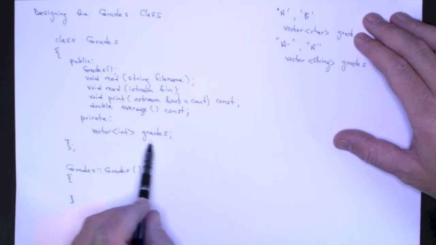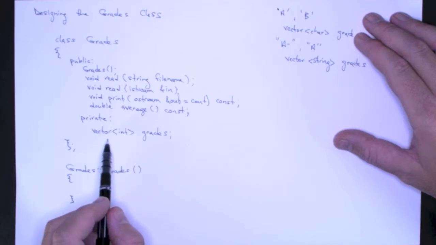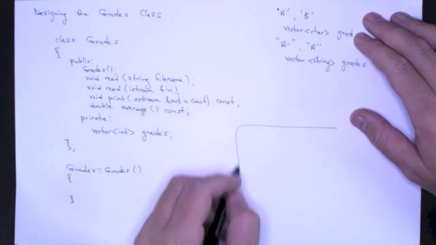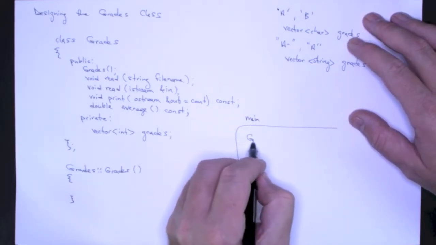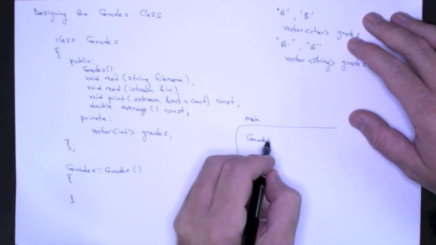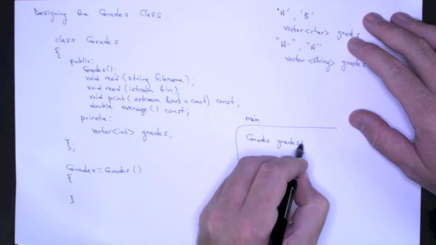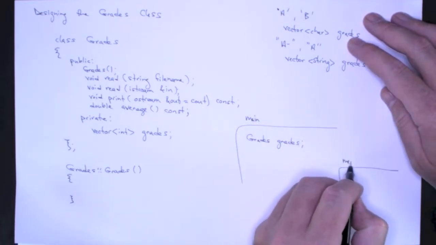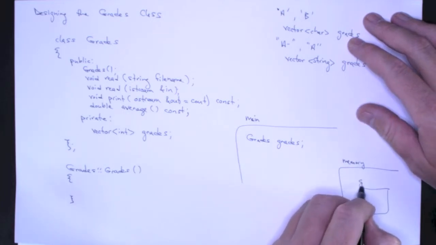Think about what the default constructor of the vector does. So what happens in main, for example? We're going to declare an object of the grades class. And when we do that, out in memory, here's memory, we're going to get a grades object.